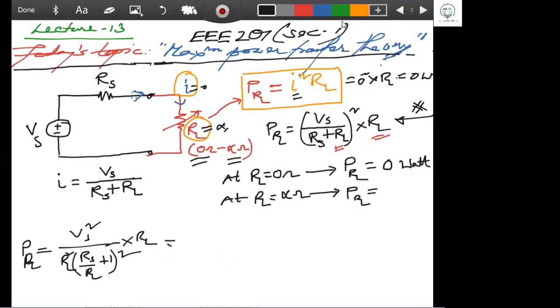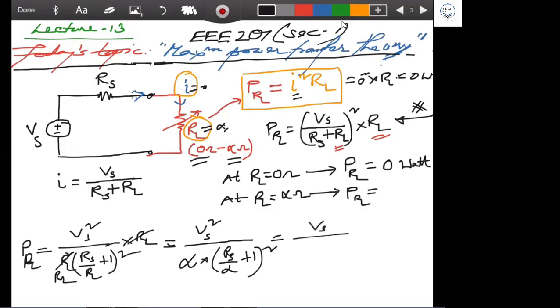Up to this, everybody understand, right? Yes, sir. I'm taking RL square. So RL square and RL cancel. This is RL remaining here. Now you put infinity here, then you can get Vs square, and it is infinity times, this is Rs by infinity plus 1 whole square, means you all understand this is Vs square.